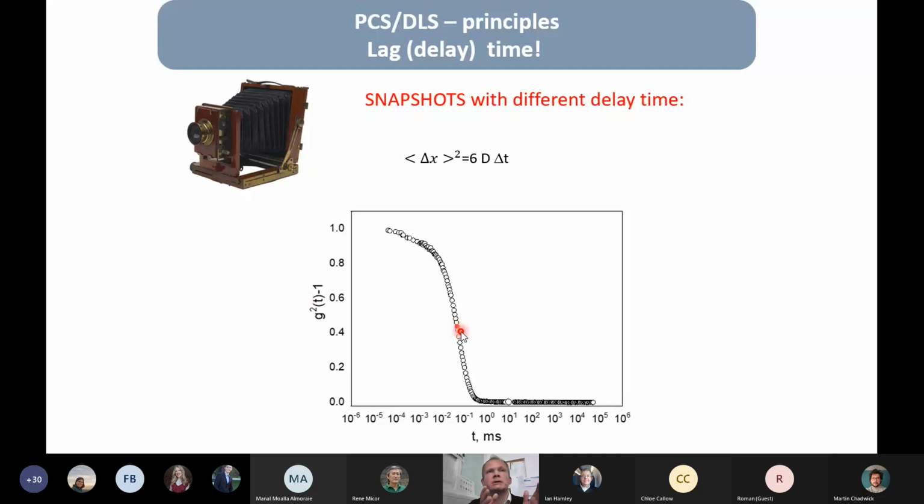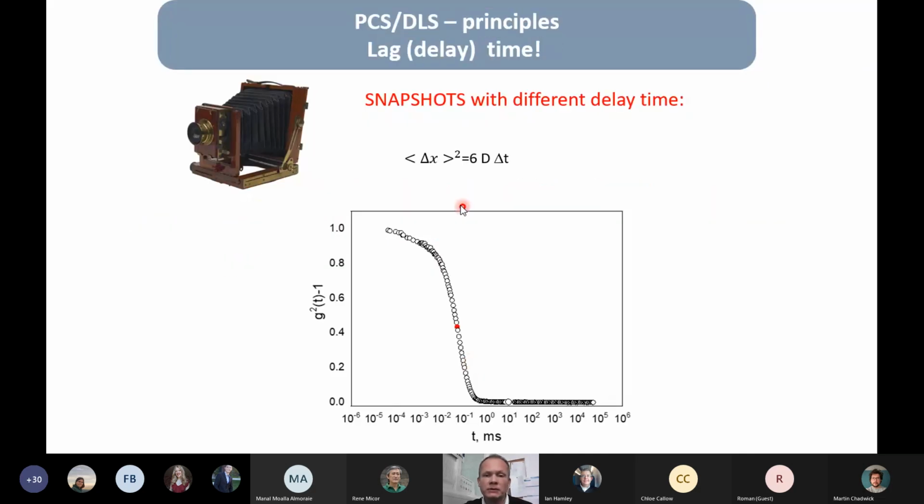It measures the fluctuations of intensity of scattered light, it calculates the correlation function, and then by selecting different lag times, different times between snapshots, it is measuring the time dependence of the correlation function. And from this analysis, from its behavior, you can get the value of a diffusion coefficient, right?